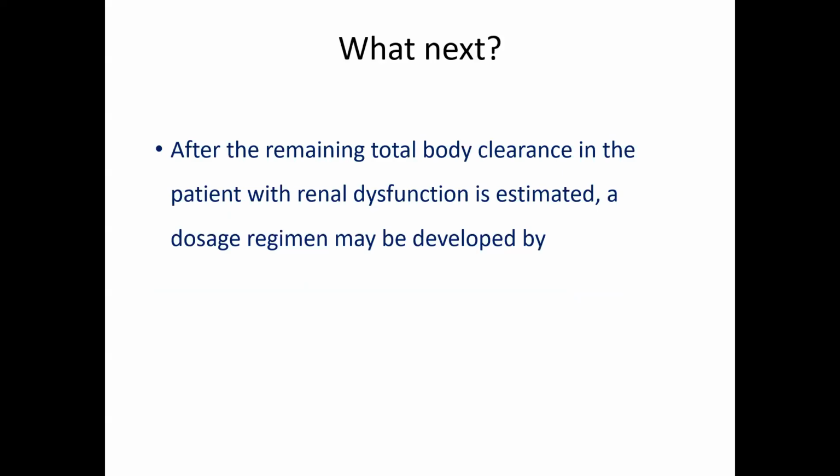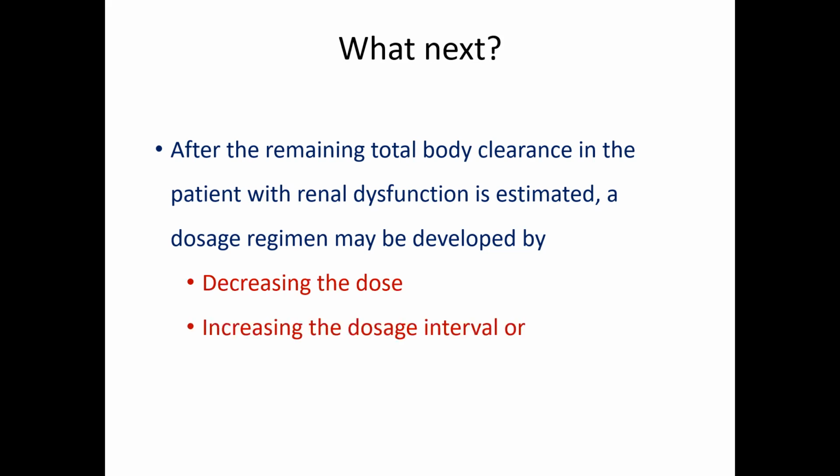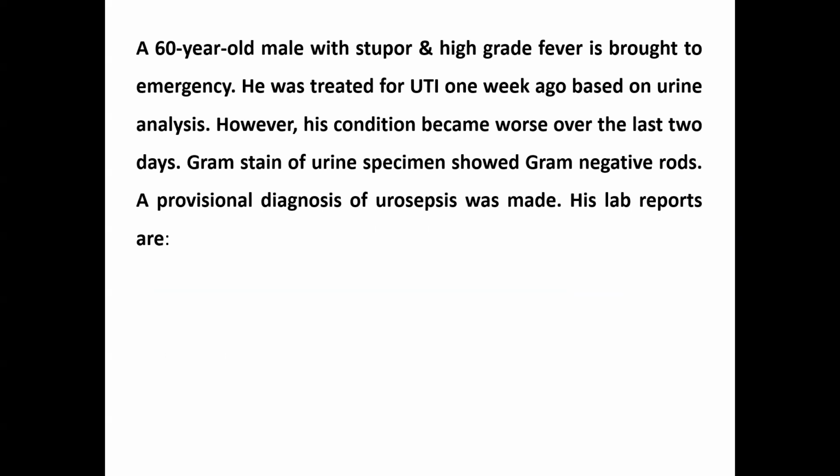What next? Once you have determined the degree of renal dysfunction, you have decided that in this case either we have to decrease the dose or decrease the frequency. Now let's see what is happening. Can you read please for me?